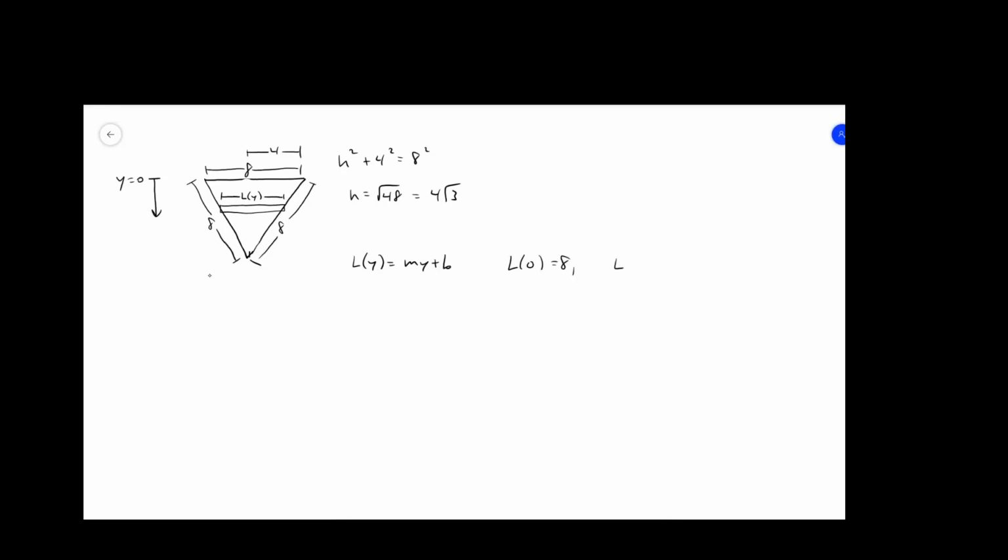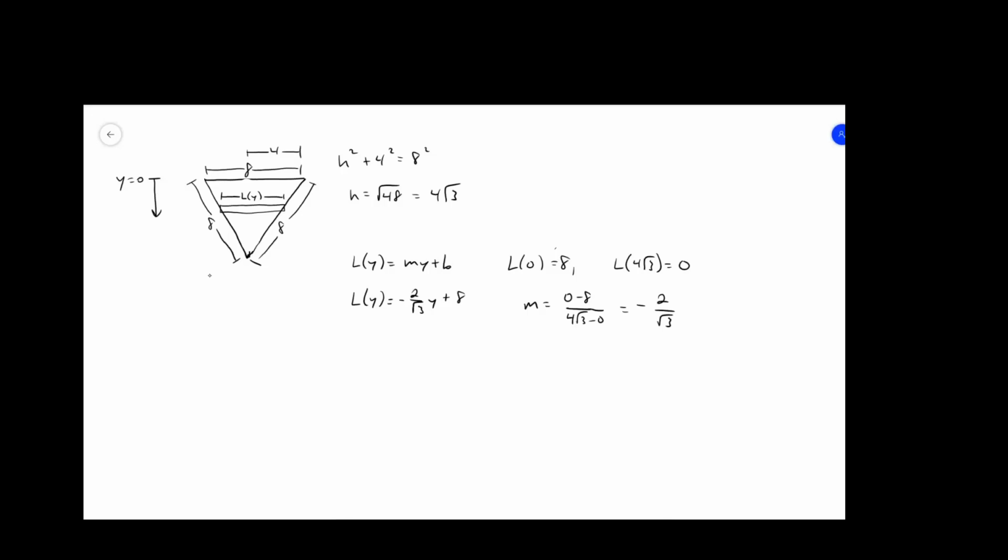L of 4 root 3, since that's the height, is going to be 0, because at the bottom there's no width. It's just the point of the triangle there. And so the slope is m equals 0 minus 8 over 4 root 3 minus 0. So the equation of this linear function is y equals negative 2 over root 3 y, and in my case, L of 0 is 8, so this one would actually be plus 8.